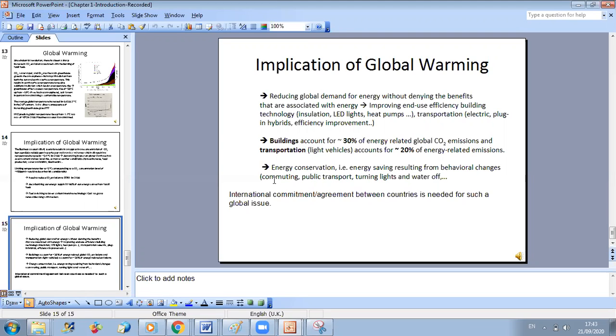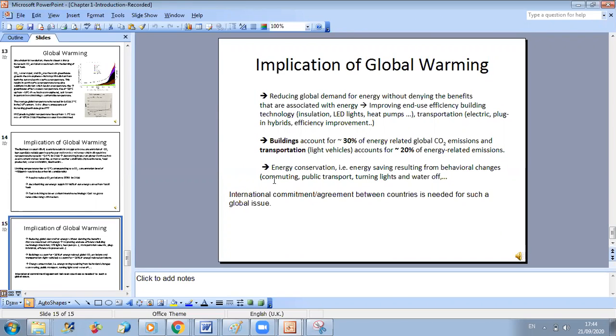So we will try to use public transport instead of each person driving his own car. We try to reduce the energy consumption as much as possible by turning off lights and water when not needed. So these are minimum measures that we can start from in order to reduce the CO2 emissions.